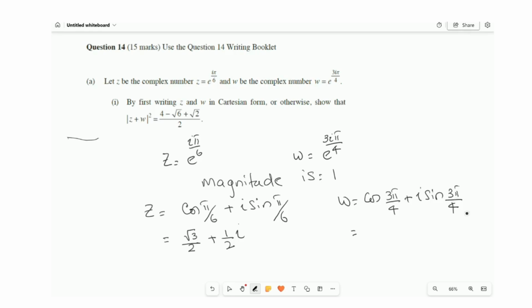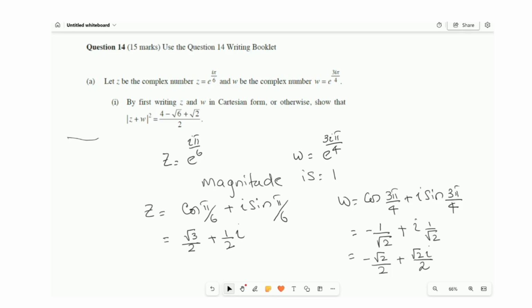Cos pi by 4 is equal to 1 over root 2, therefore it is minus 1 over root 2 plus i sine, sine is positive, therefore it is equal to 1 over root 2. Now I will rationalize the denominator, then it will be minus square root of 2 divided by 2 plus square root of 2 i divided by 2.